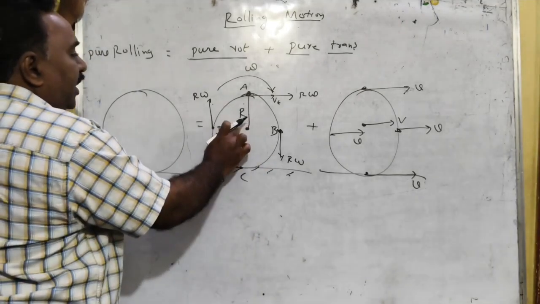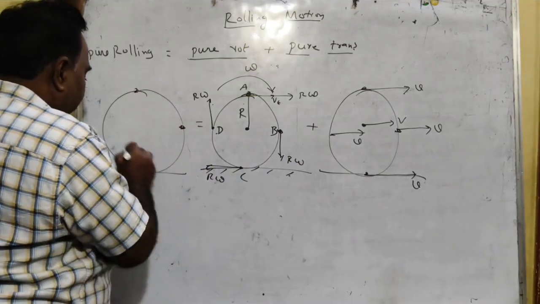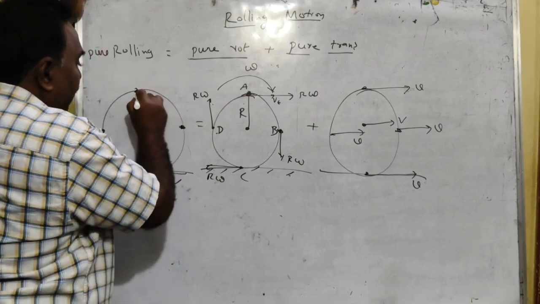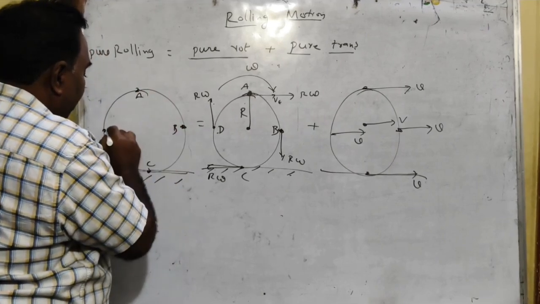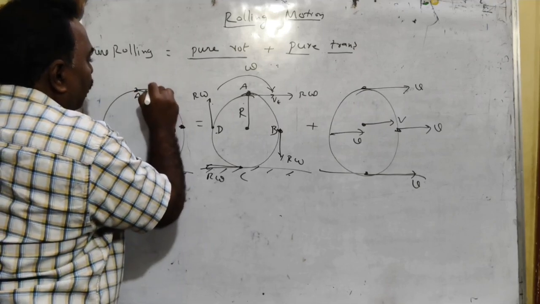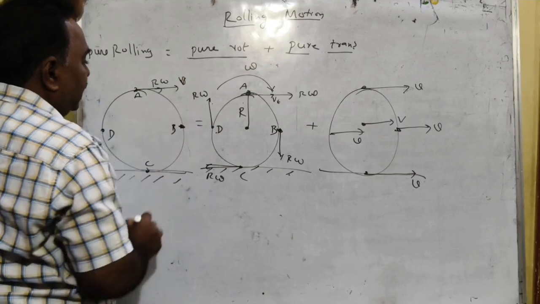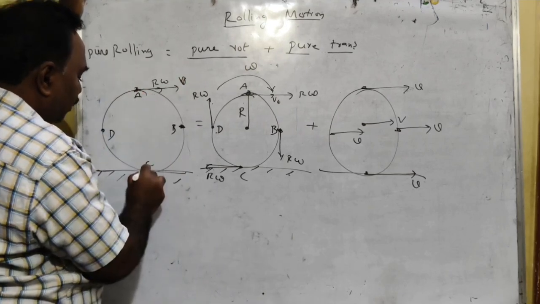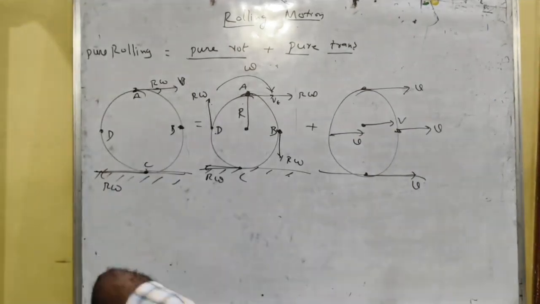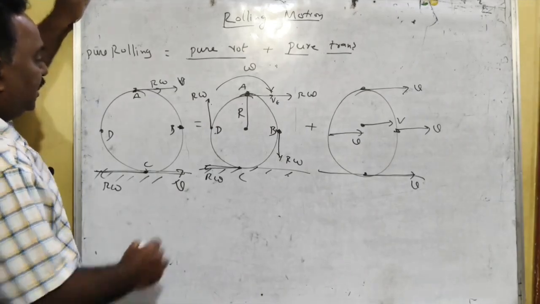By combining pure rotatory and pure translatory motion, when we are observing the motion of the same particles A, B, C, D, by combining that effect, here V and r omega are acting in the same direction at the top point, but at the bottom point r omega acts to the left side and V continues in the forward direction.